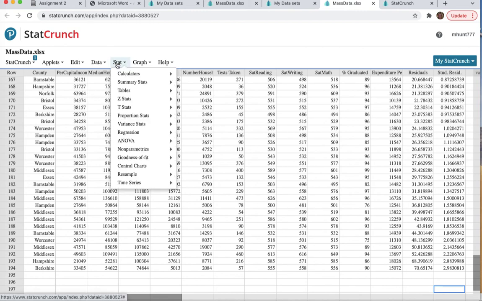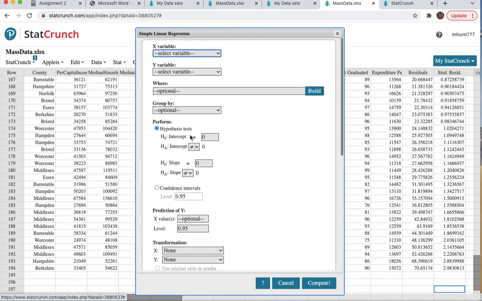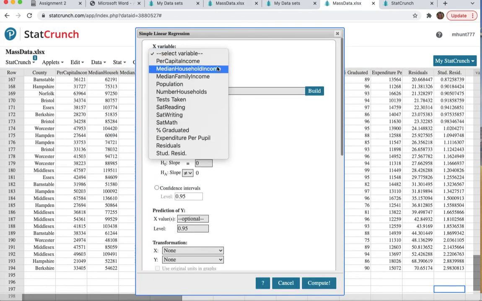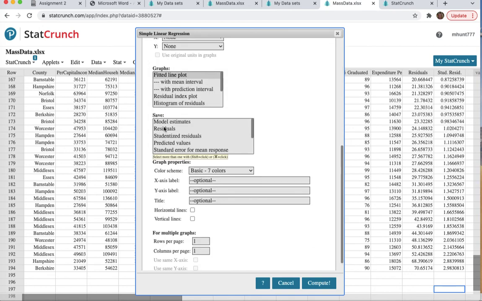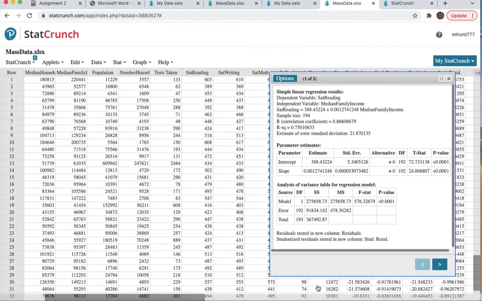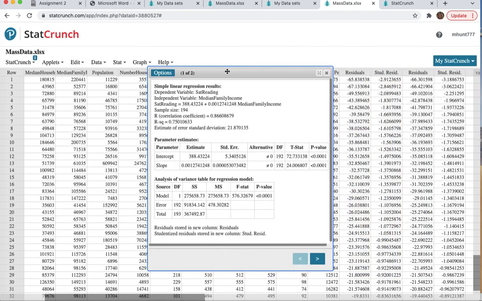Let's do the analysis again. Stat, regression, simple linear, median family income, SAT reading. We could pull up the residuals and the standardized residuals again and compute. So of course we have a slightly different equation, and look what happened.